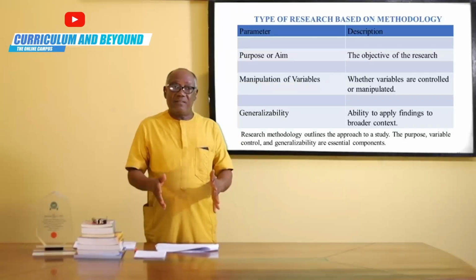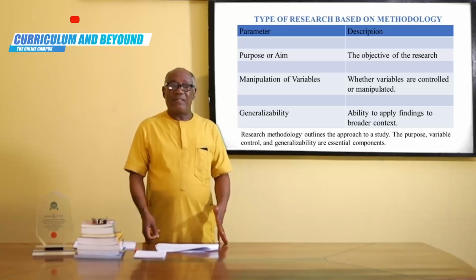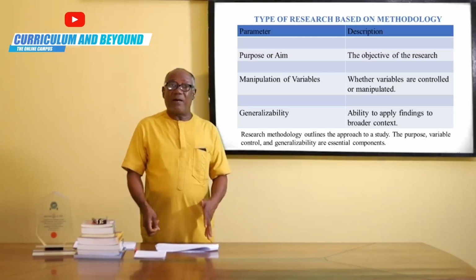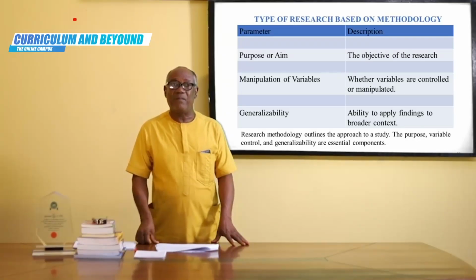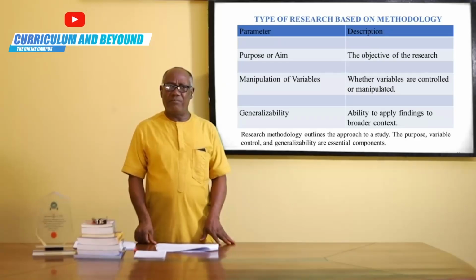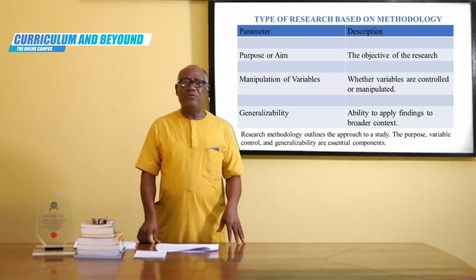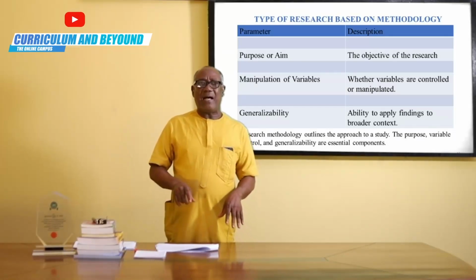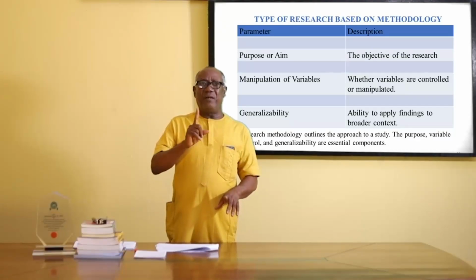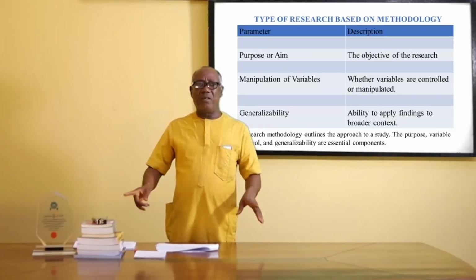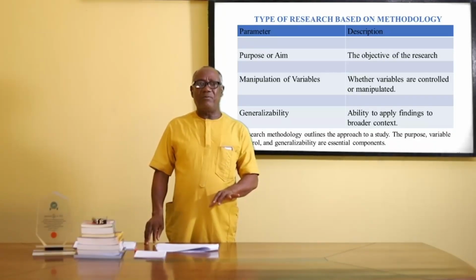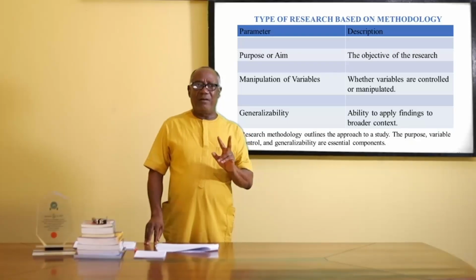Now, the second parameter that we will discuss now is manipulation of variables. What is manipulation of variables? This has to do with how we treat a variable in two or more ways. For example, teaching method is a variable.